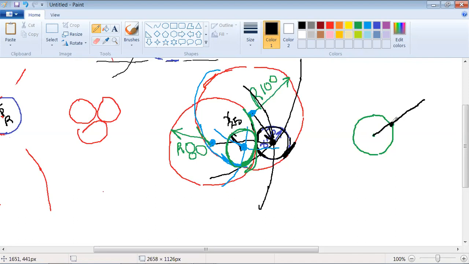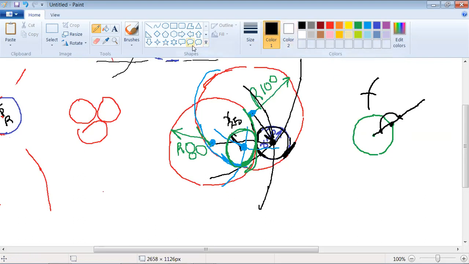Then we're going to set the compass at any convenient distance, and we're going to create this arc. From this particular point, we're going to open the compass at a greater distance, and we're going to create this arc. Then from this other point, we're going to create this other arc.